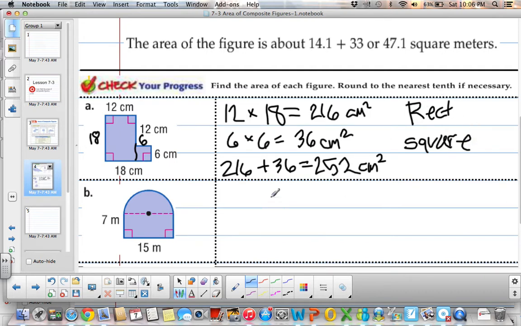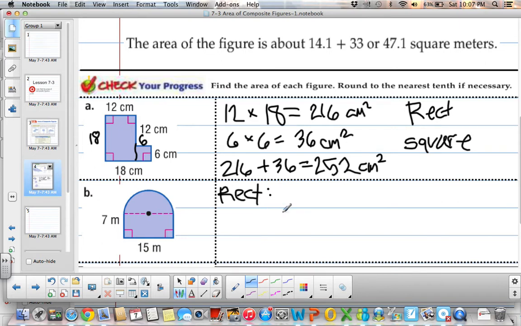Okay, next one. I see that I have a rectangle and I also have a semicircle. So the area of my rectangle, let's label this so it's a little less confusing.